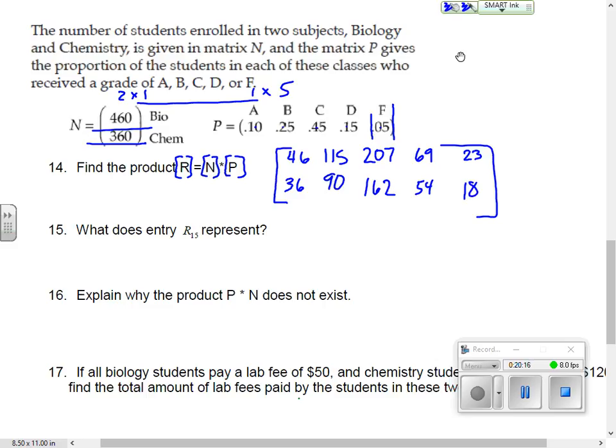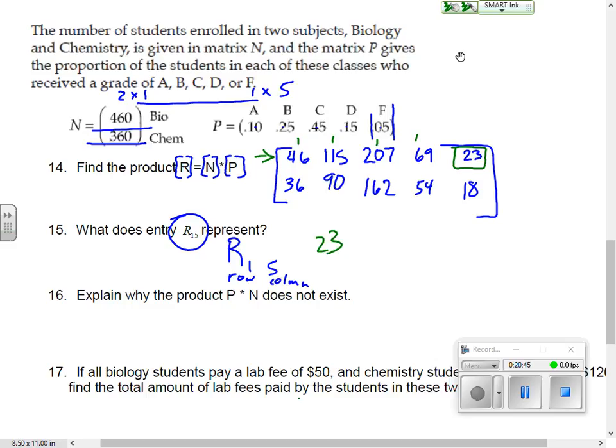What does entry R15 represent? Well, that's not really R15, it's R1,5, which means row 1, column 5. 1, 2, 3, 4, 5. This is row 1, column 5. It's 23. 23 what?